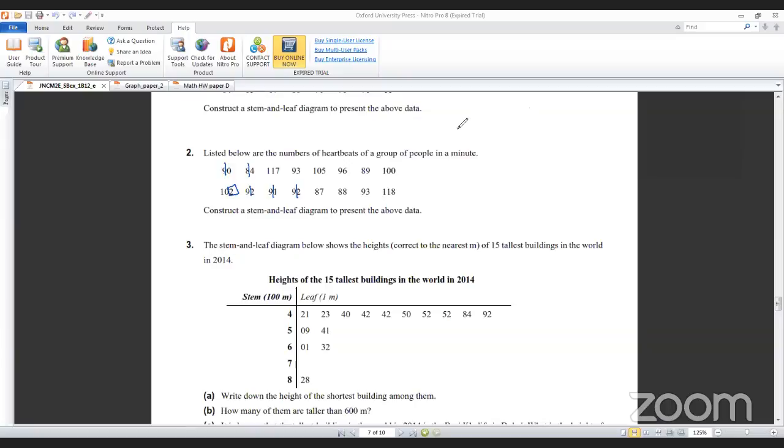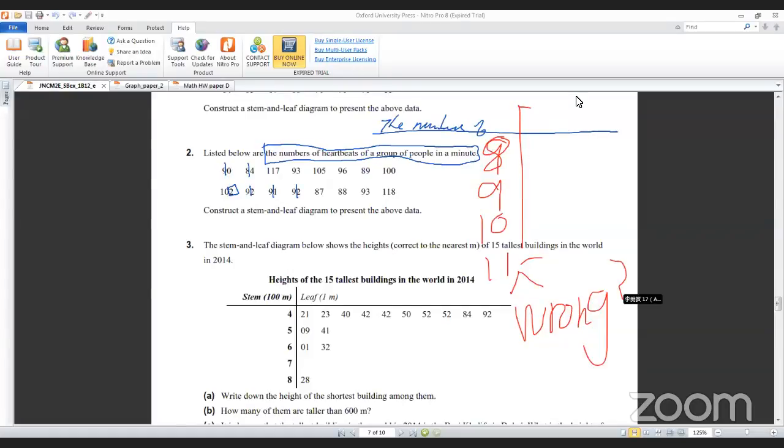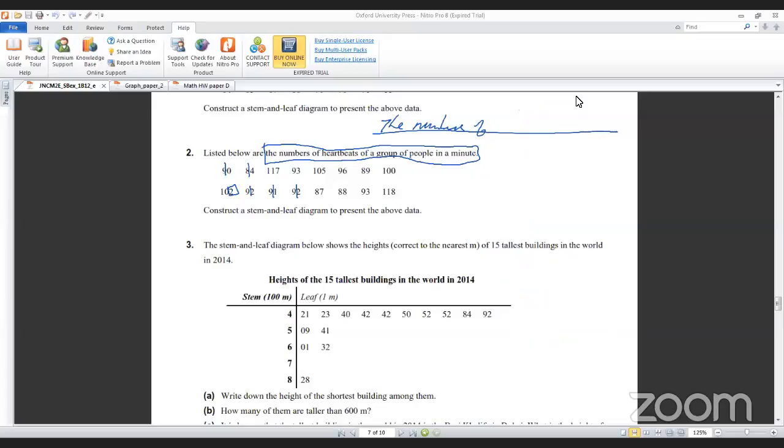And therefore, first, most of you forgot the title. You can just copy the sentence listed below to be the title, then the numbers of heartbeats. Because the case is that most of you just focus on the numbers, but even if you write the numbers correctly, your chart is still incorrect.